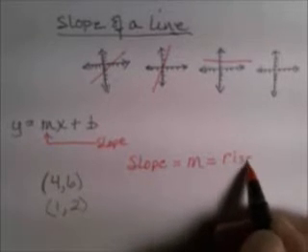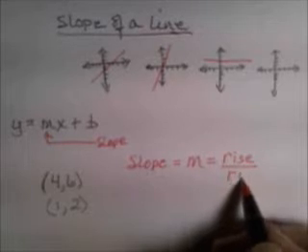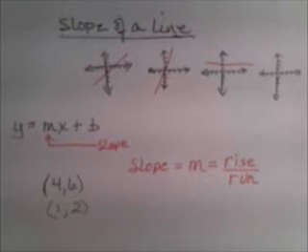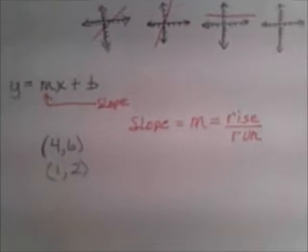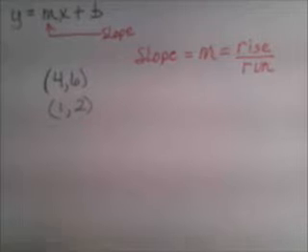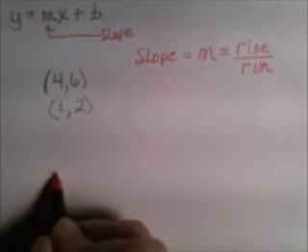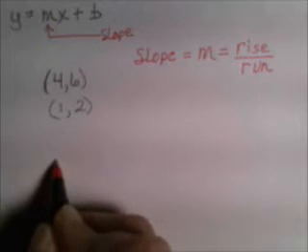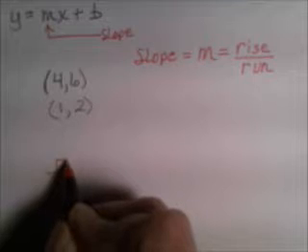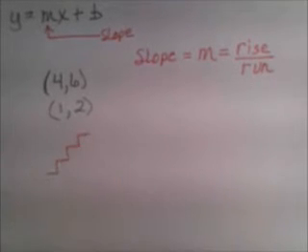over the run. Now, when we talk about the rise over the run, we could say, well, if we think about a staircase, when you go up a staircase, there's the part your foot goes on, and then it goes up, and then the part that your foot goes on again, and the part that goes up, and so on.